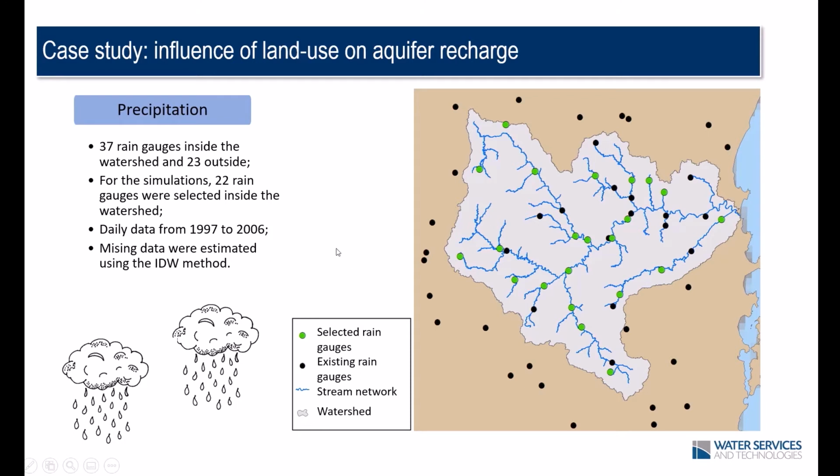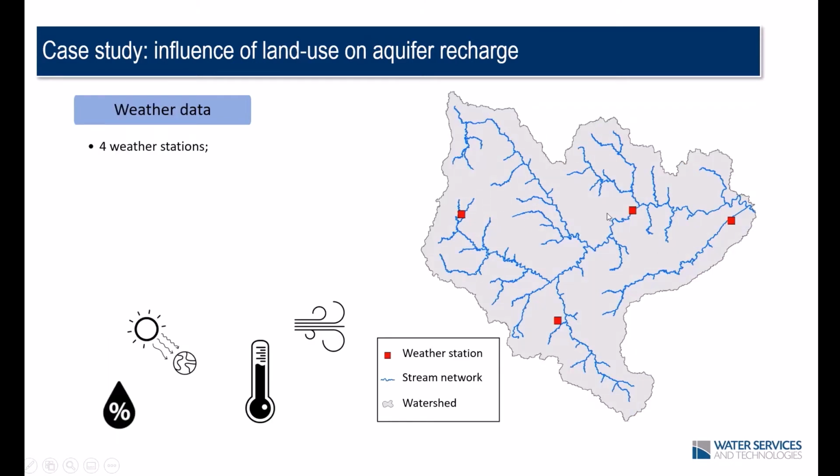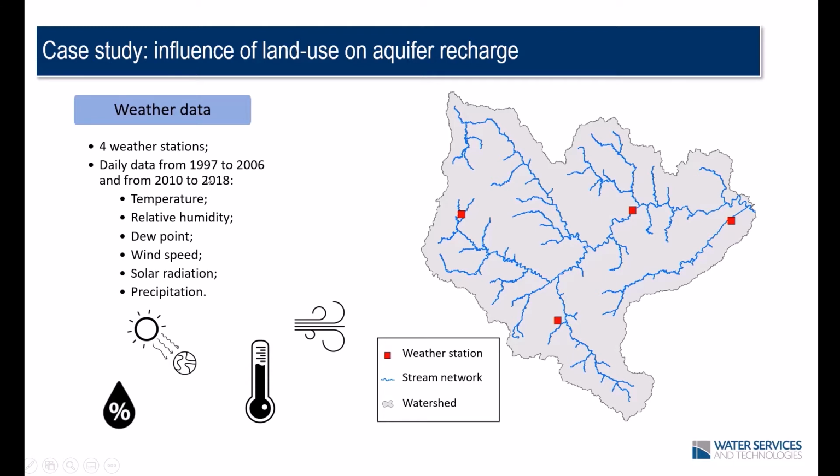And the missing data was estimated using the IDW method. For weather data, we collected data from 4 weather stations distributed along the watershed. The daily data was collected from 1997 to 2006 and from 2010 to 2018. And data collected was temperature, relative humidity, dew point, wind speed, solar radiation, and precipitation.